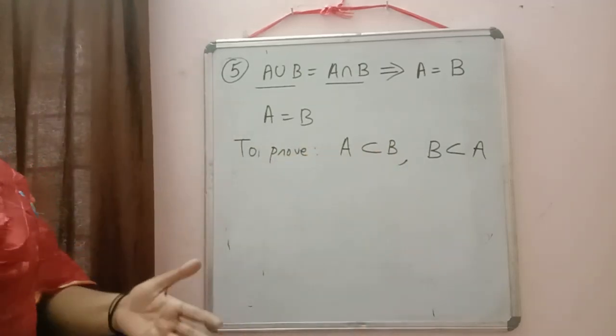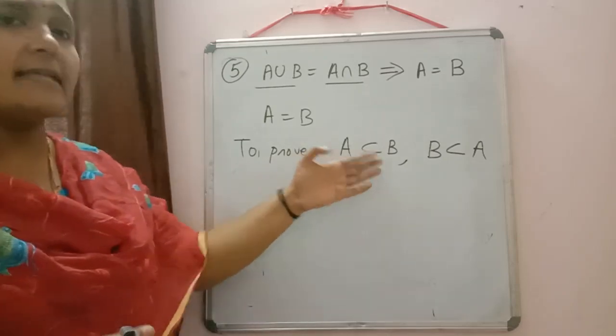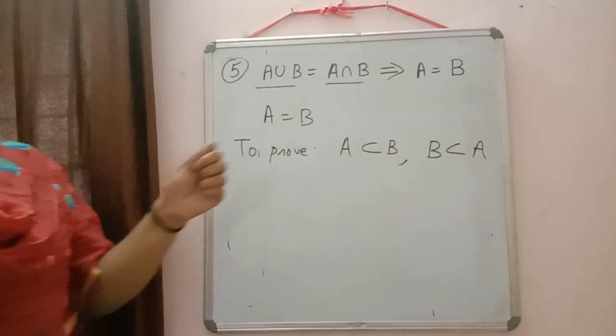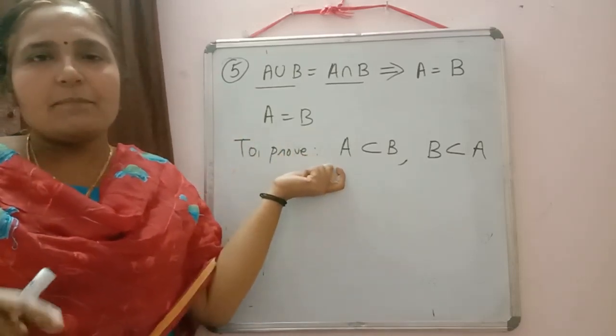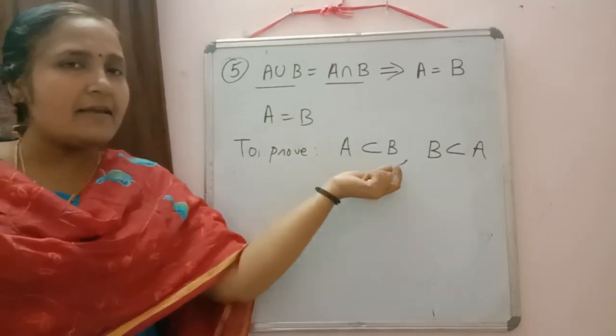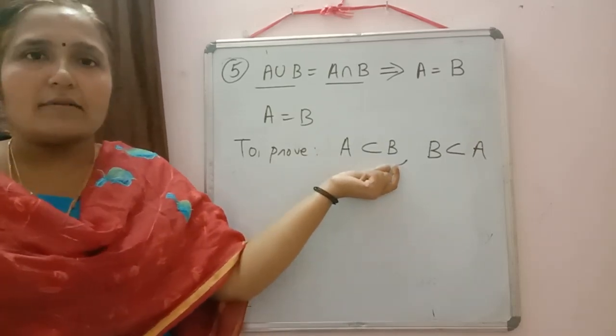Now how we will prove A is a subset of B? So for that what we will do? We'll take an element which belongs to A and we will prove that element belongs to B also. Clear?